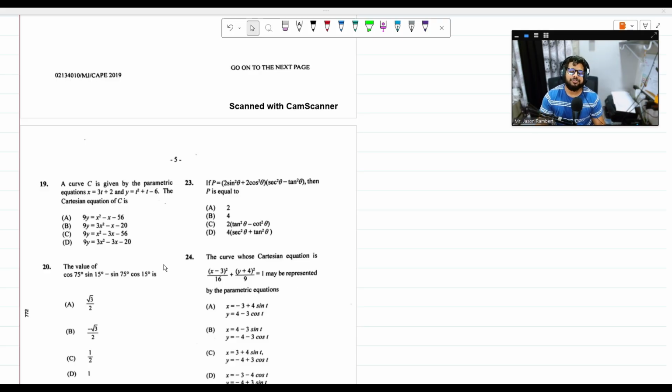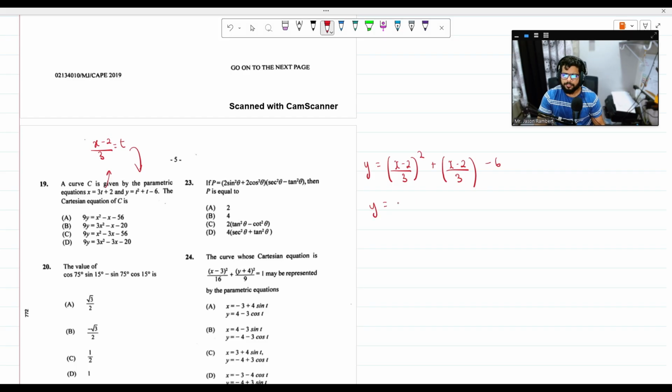Alright, similar story to what we had in the last paper. From here, x minus 2 all over 3 is equal to t. Let me plug that into here. Minus 6.